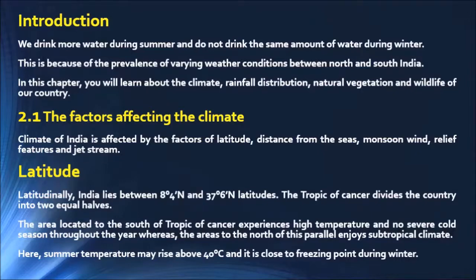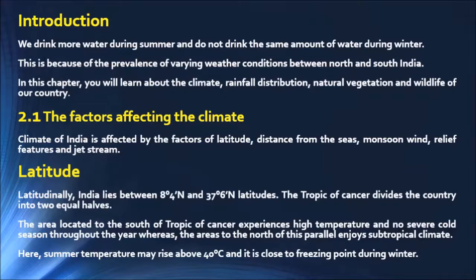The area located to the south of the Tropic of Cancer experiences high temperature and no severe cold seasons throughout the year, whereas the areas north of the parallel enjoy a subtropical climate.